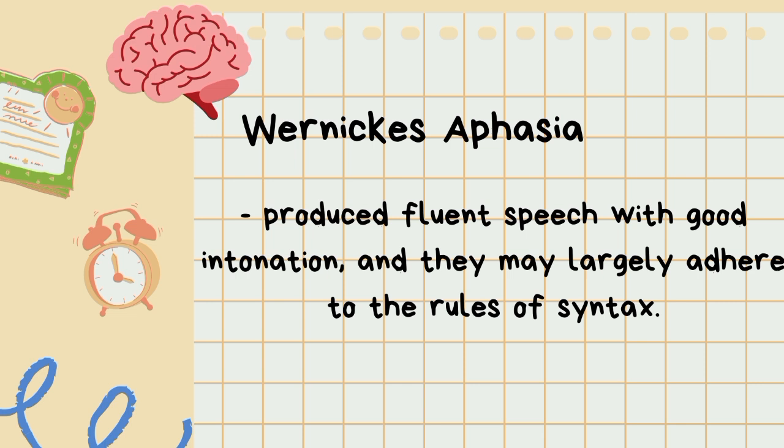For example, a person with Wernicke's aphasia might say, the flippity gibbet went to the store and bought a frobnitz. This sentence is grammatically correct but semantically meaningless. They may also struggle to understand simple instructions or questions. Wernicke's aphasia results from damage to Wernicke's area in the brain, crucial for language comprehension.